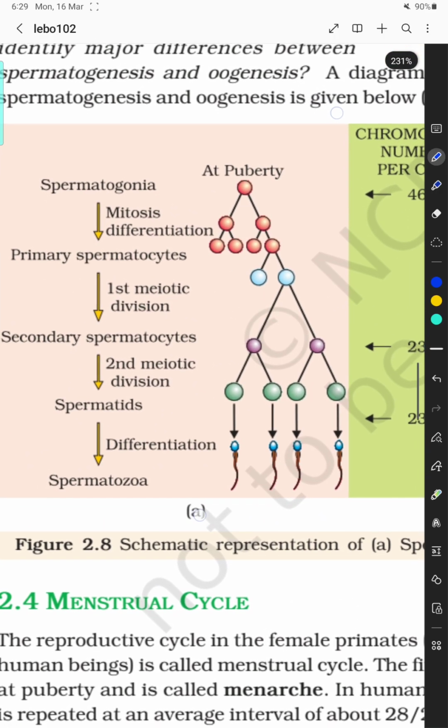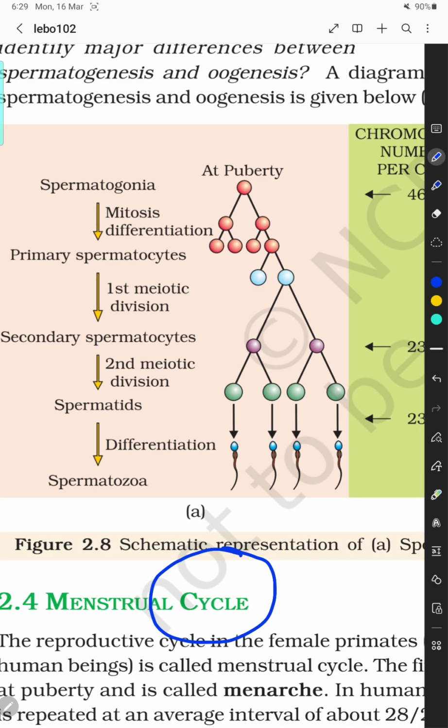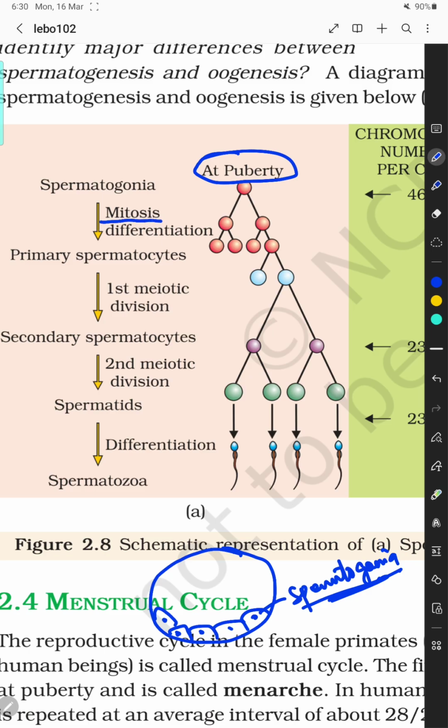Okay, so when you take the section of a seminiferous tubule, suppose this is the seminiferous tubule. In the seminiferous tubule, many cells are present, and these cells are known as spermatogonial cells, or spermatogonia. So at puberty, these spermatogonia start dividing mitotically.